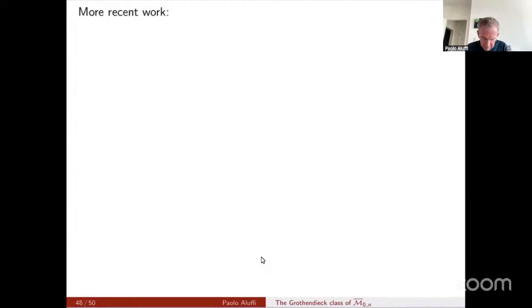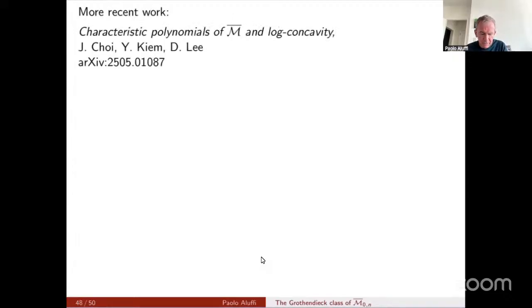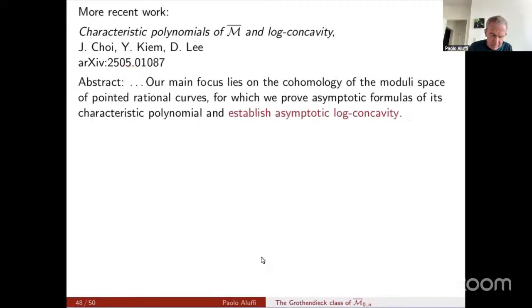More recent work, and then I will be done. I wanted to point out that since we did this, the literature has grown. There's a beautiful paper by Choi, Kim, and Lee. It's one of 3 beautiful papers. This is characteristic polynomials of M-bar log concavity. Look at the date, it's May of this year. And the abstract has this: our main focus lies on the cohomology.